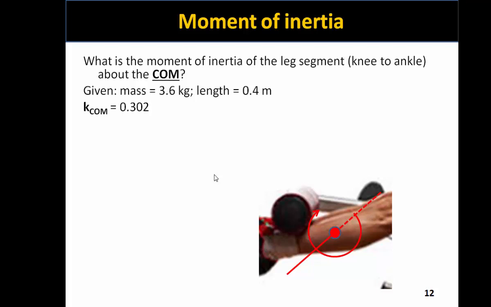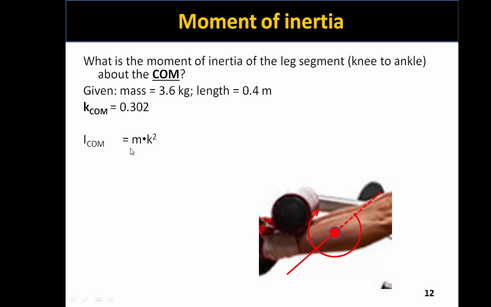This is important to estimate because the value here will give us some indication of how much resistance an external force will face in attempting to accelerate the angular motion of the lower leg about the center of mass. Okay, so we have our formula for I center of mass for the moment of inertia.